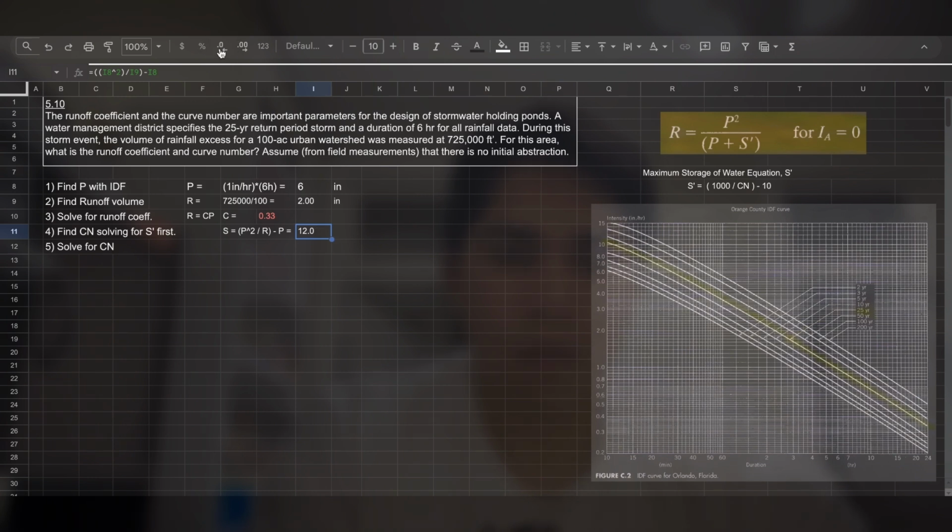So the storage says that with a 6-inch storm, the maximum storage that this can get is 12.